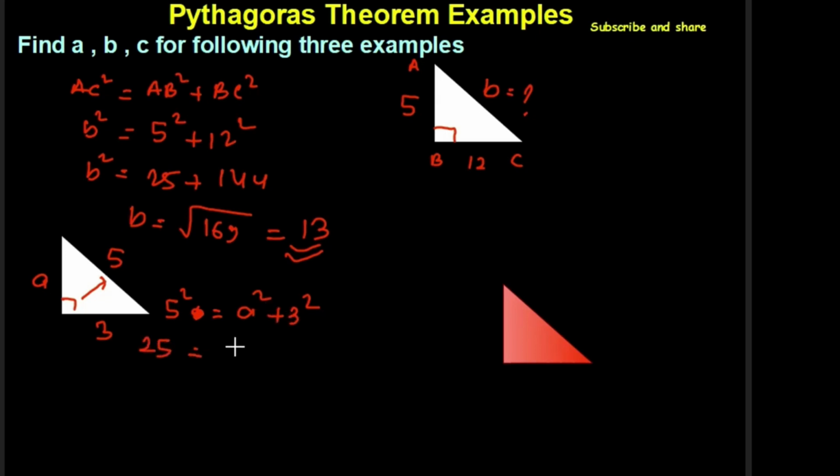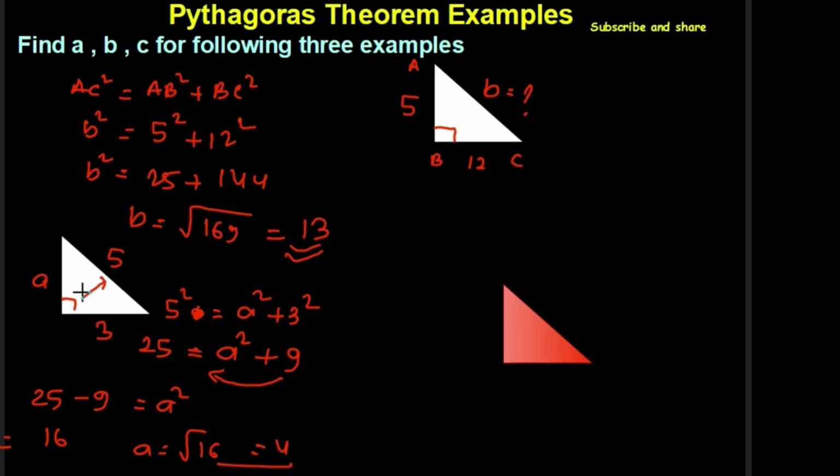So 25 is equal to A square plus 9. We shift 9 to the other side, so A square is 25 minus 9, which is 16, correct? So the square root of 16 is 4. This way we calculated the value of the unknown side.